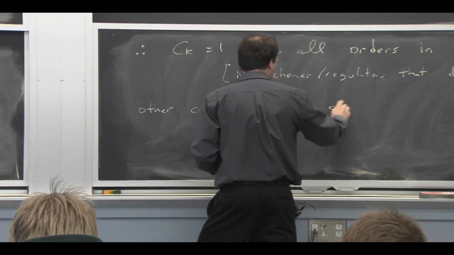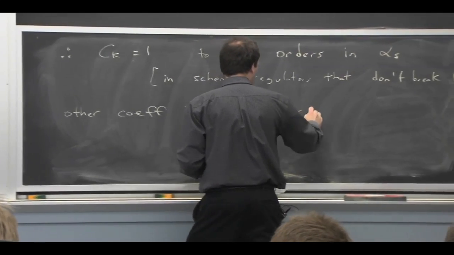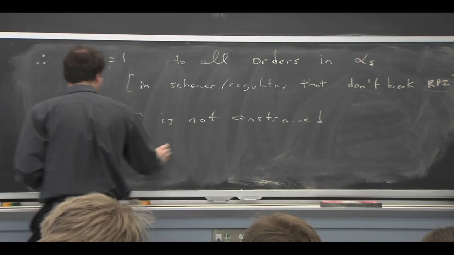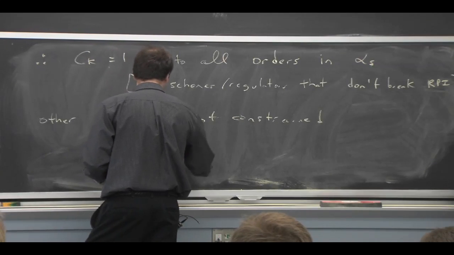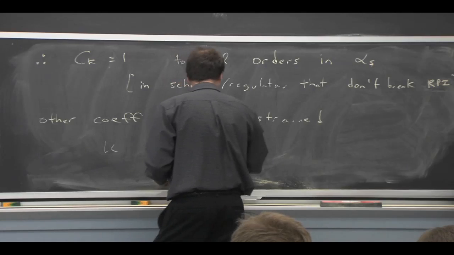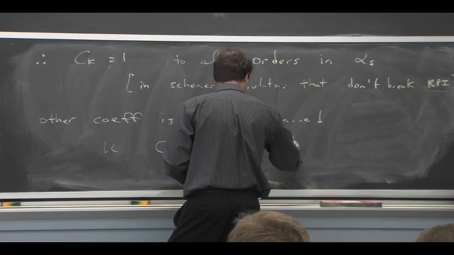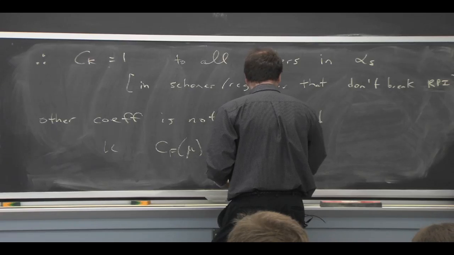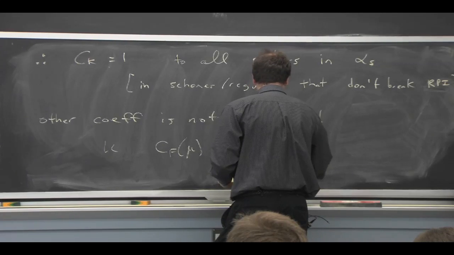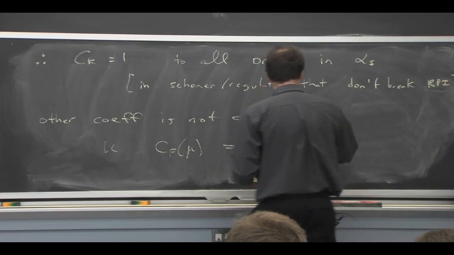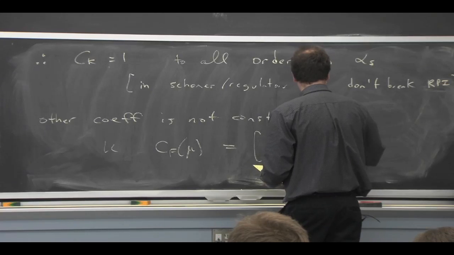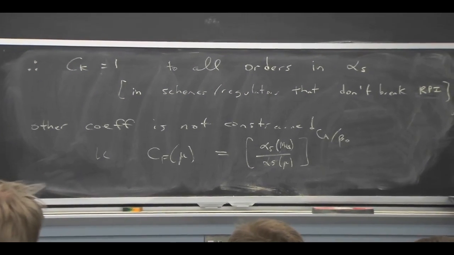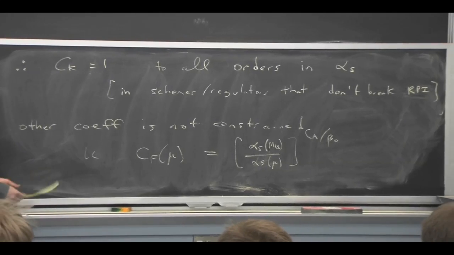At lowest order, the other coefficient is not constrained in this way, and so it does get an anomalous dimension. And so we could calculate it. It's a good homework problem. You may see it on a future homework set. There is an anomalous dimension, and when you solve that anomalous dimension, you're again getting something that's a ratio of alphas to some power.